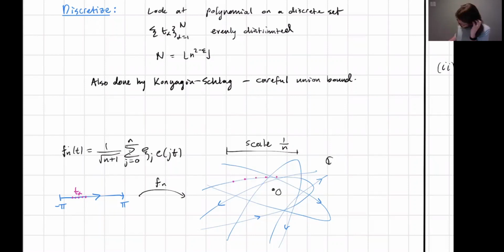But if you were to just do a union bound, it's not going to work because it'll be wasteful. When one of these points is close to the origin, it brings a whole cluster of them. This entire loop, they'll all be roughly that close to the origin at the same time. So the union bound is going to be wasteful. There'll only be boundedly many wrong, so that's why they're off by constants.